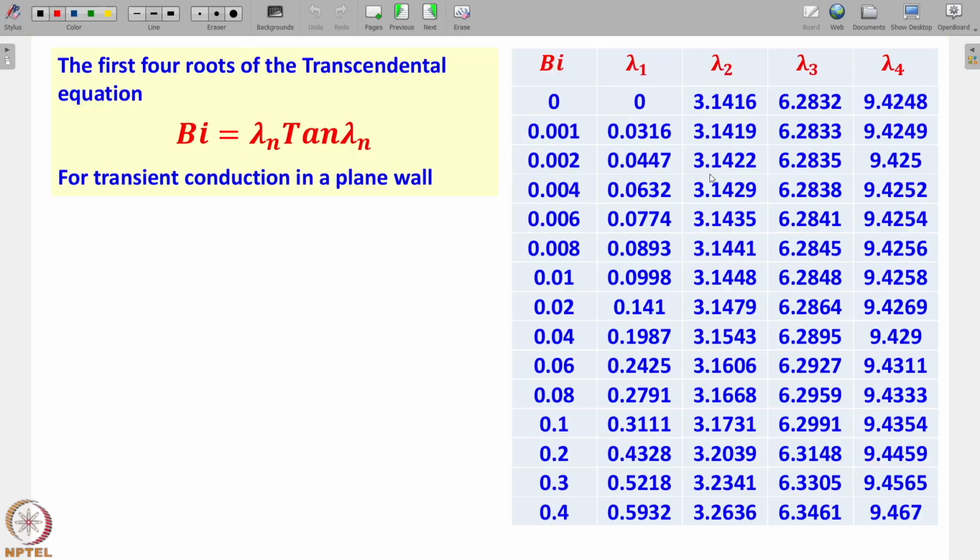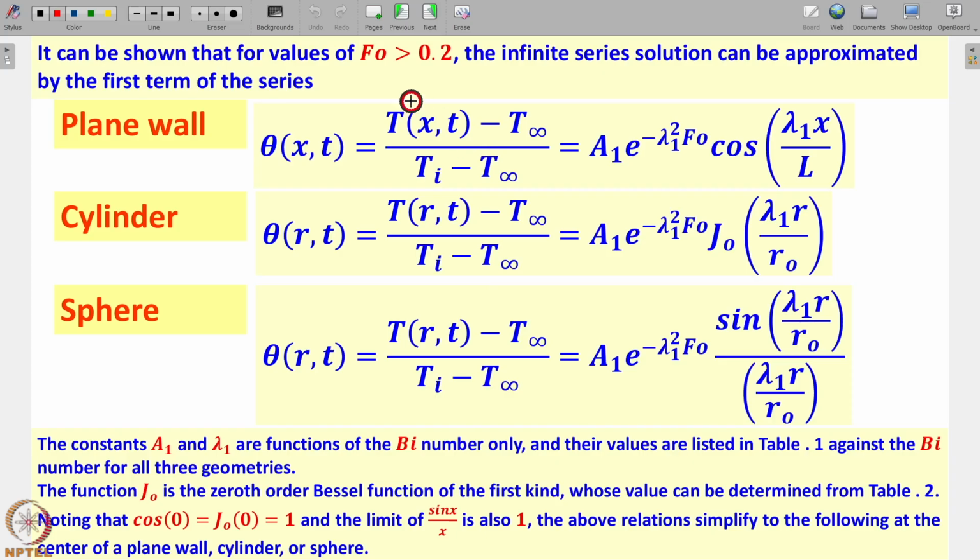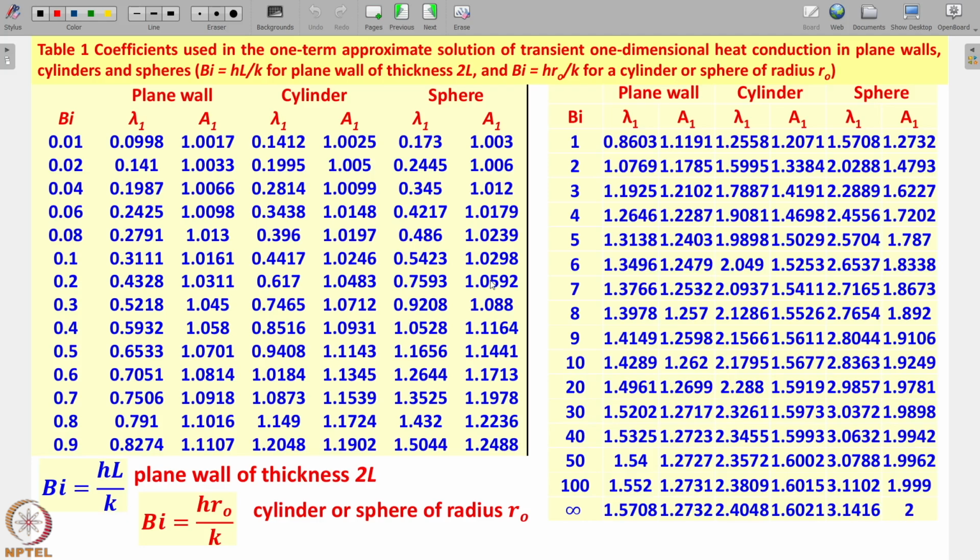For a given Biot number, you can get lambda 1, lambda 2, lambda 3, lambda 4, and we said that if the Fourier number is greater than 0.2, one term is sufficient. So for a given Biot number, from the table you will get lambda 1 and A1.